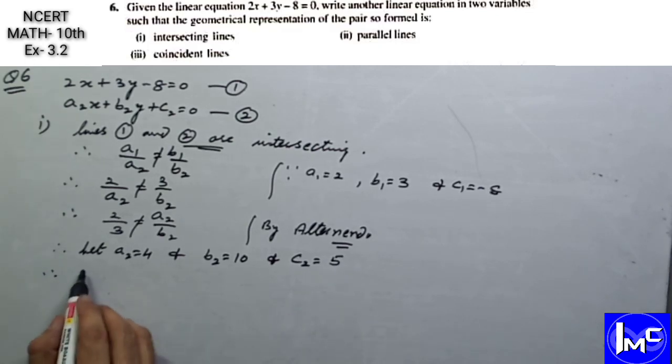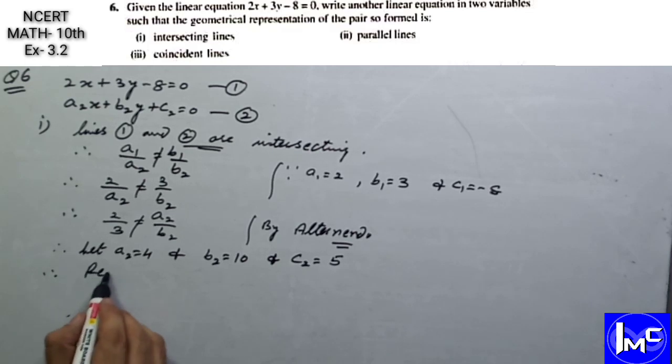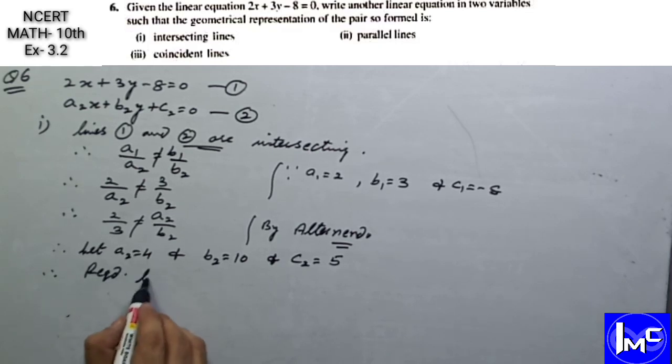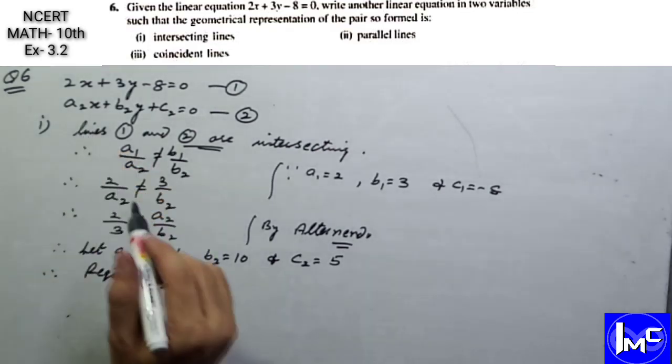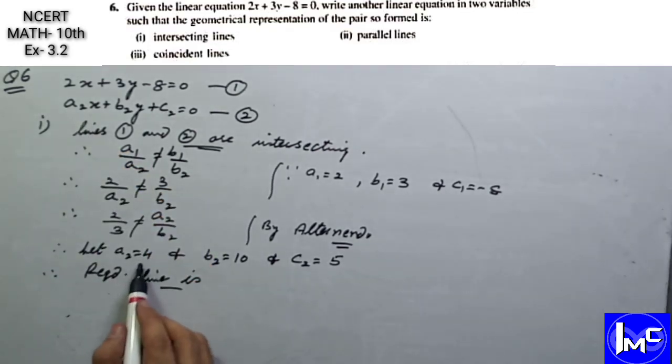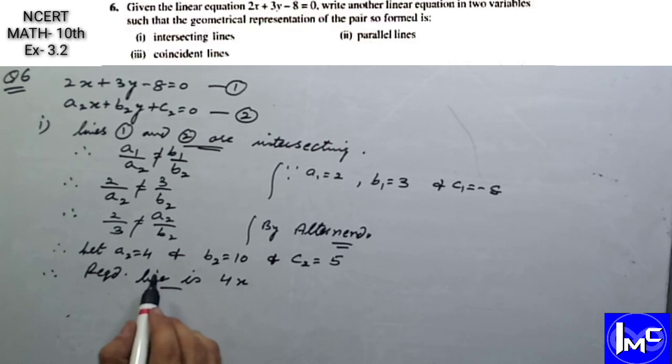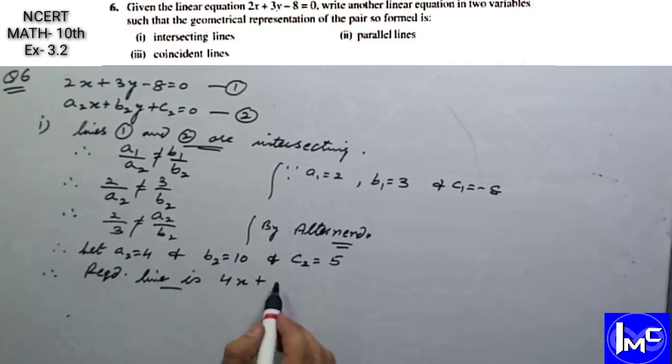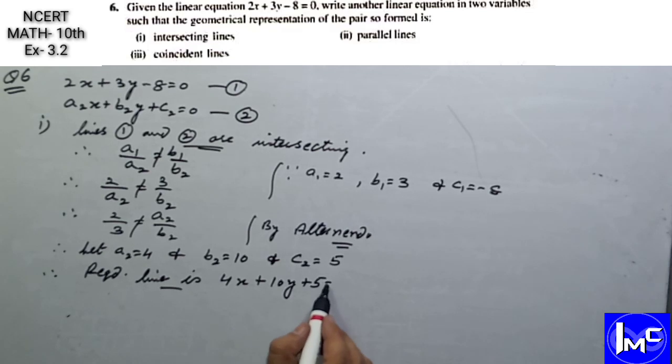Therefore the required line is a2x, that is 4x, plus b2y, that is 10y, plus 5 is equal to 0.